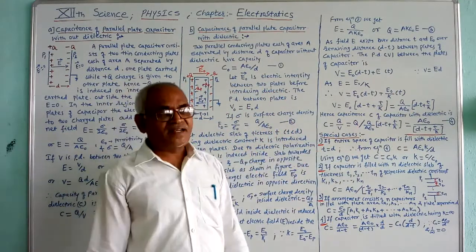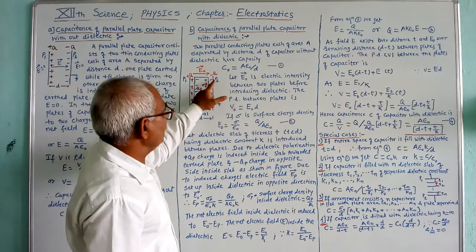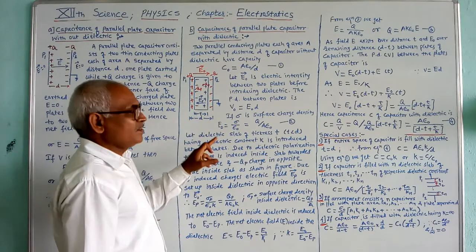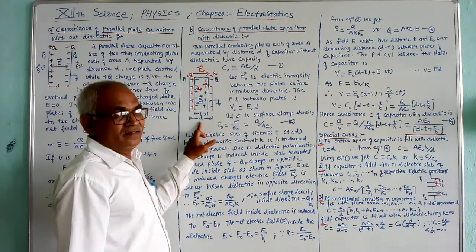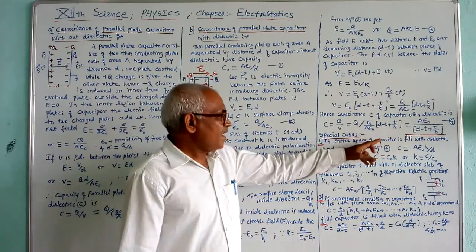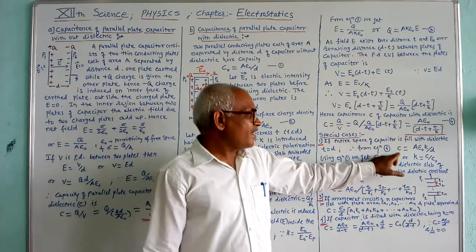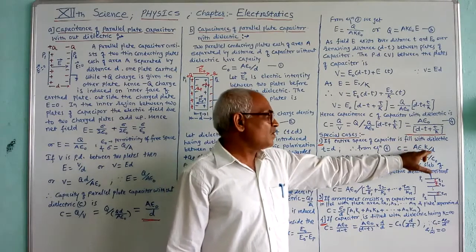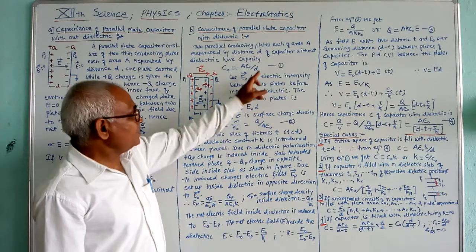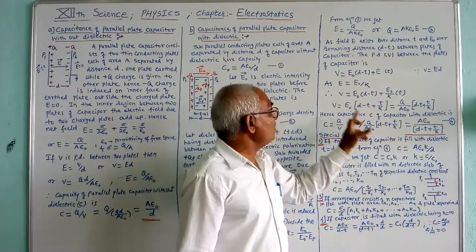Here we have to see some special cases. In the first case, if the entire space between the plates of this capacitor is filled with dielectric, then in that case T is equal to D. T and D are exactly the same. Using this equation, as T equals D, we get the capacity in that case equal to A epsilon 0 K upon D. Or from equation 1, A epsilon 0 upon D is equal to C0.